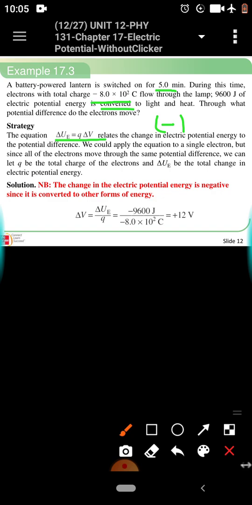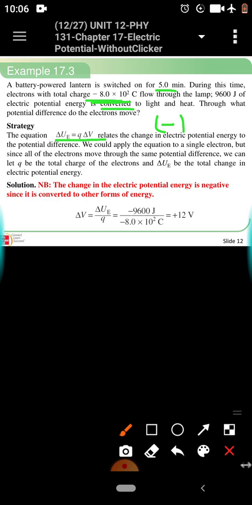It's convenient to just use the total, and then the change in potential energy is the total change in electric energy.